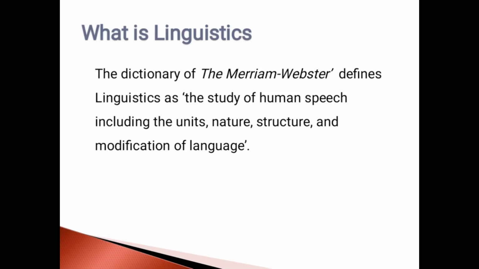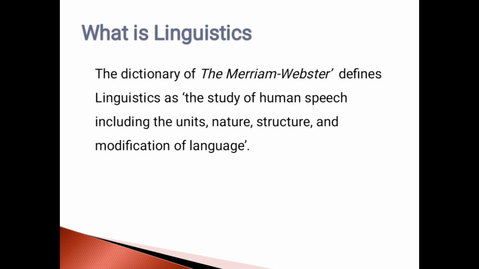Before we learn what is substance and form, let us see what is linguistics. Linguistics is basically the study of science of a language, that is, how a language works. According to the Merriam-Webster dictionary, it is defined as the study of human speech that includes units, nature, structure, and modification of language.